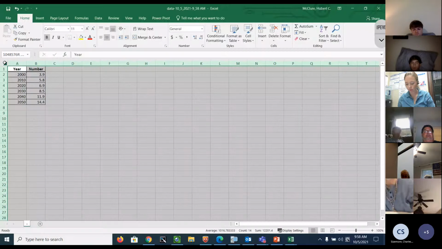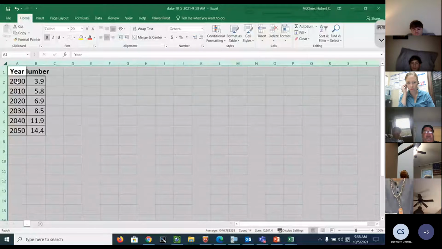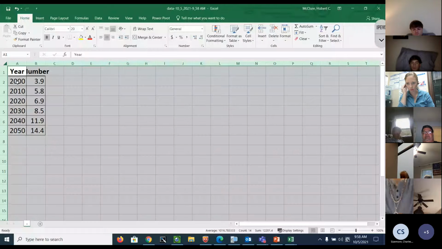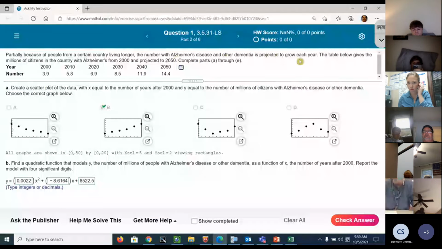And hold on a minute, because they're doing something funky here. 0 is going to be the year 2000. Let me see if they signify that in the question. Partially because people from a certain country are living longer, the number of Alzheimer's disease and other dementia cases is projected to grow each year.